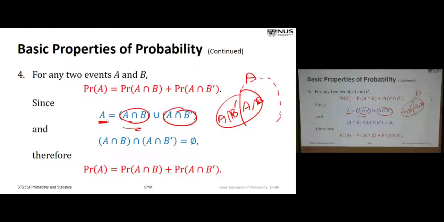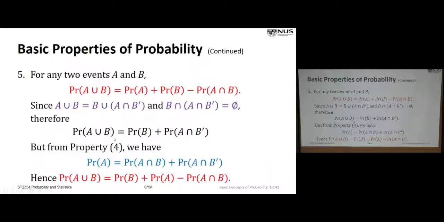Maybe this is your B. So A is divided into two parts, those common to B and those not common to B. And they are mutually exclusive, and putting them together is equal to A. So applying the results that we discussed, probability of A is equal to probability of A intersect B plus probability of A intersect B complement. All right?